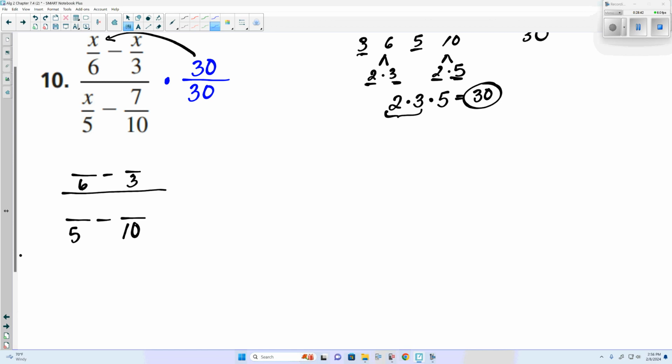Now our 30 times our first x would be 30x. 30 times our x over 3, well 30 times x is 30x. 30 times our x over 5, well we're doing 30 times x, which is 30x. We're good with this so far? Yes? And I will tell you the last numerator is not 30x. 30 times 7 is 210.